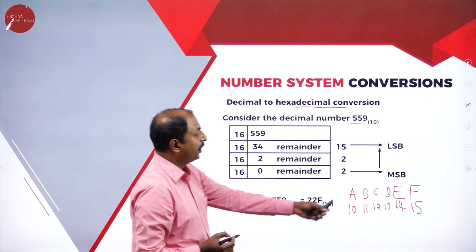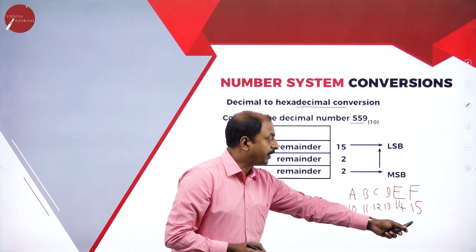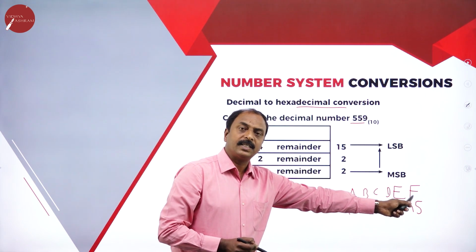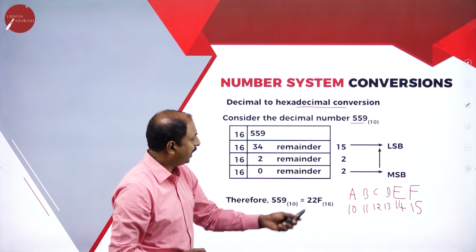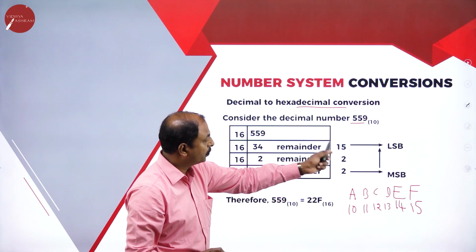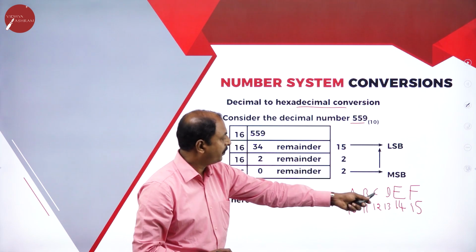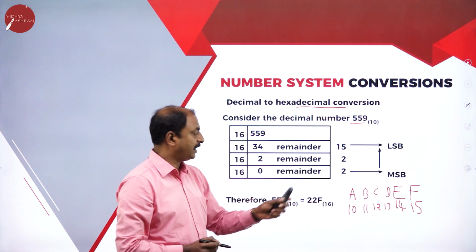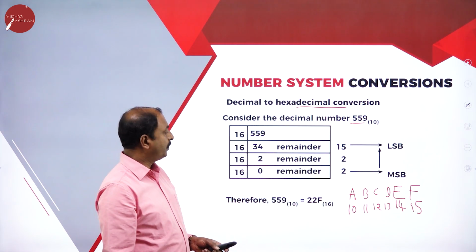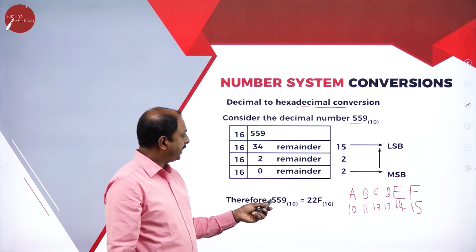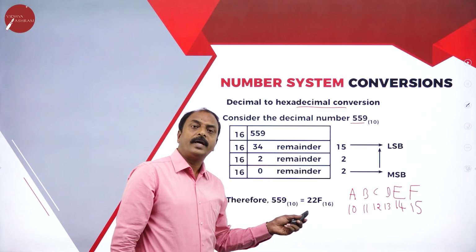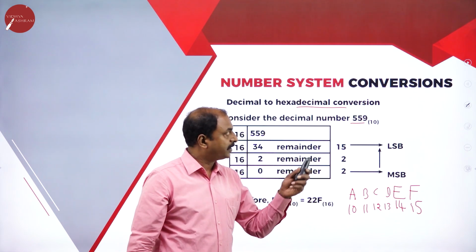So if we get 15, it is equivalent to F in hexadecimal number system. So the answer would be 22F, where F stands for 15 to the base 16. This is how we convert a given decimal number into hexadecimal number system.